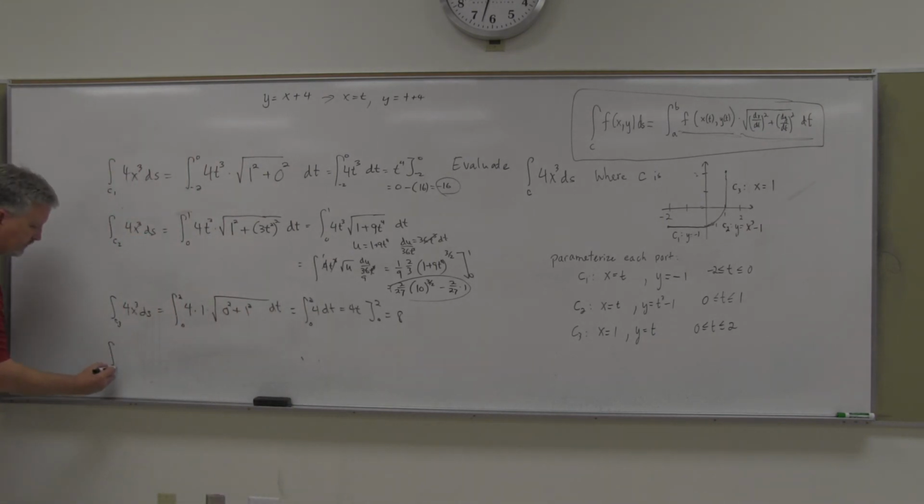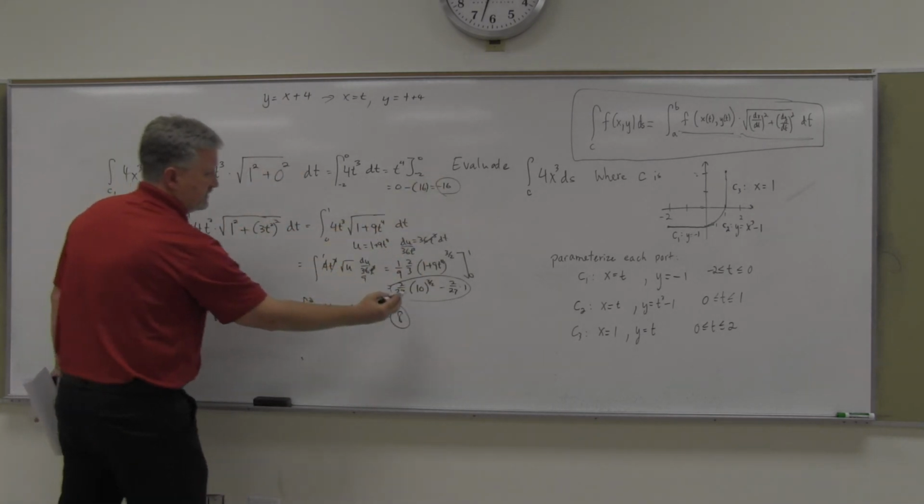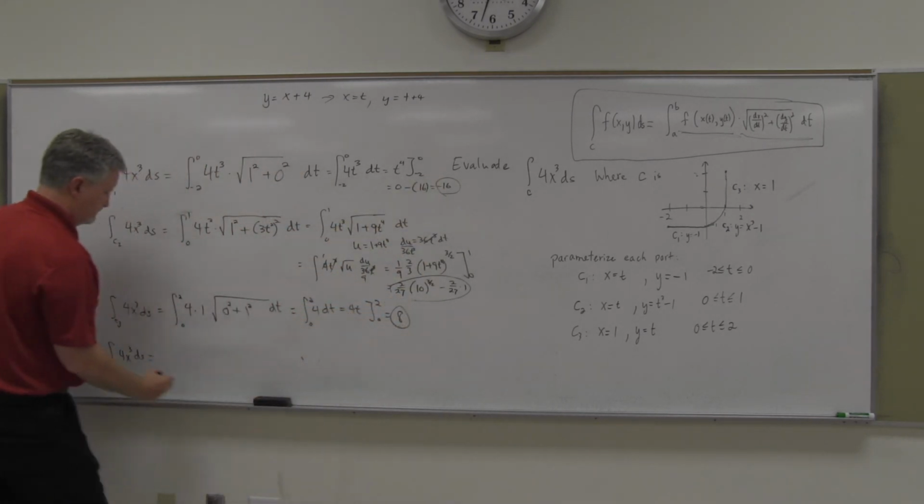So the full integral, 4x cubed ds over C, is just these three added together. So it's negative 16 plus this plus that.